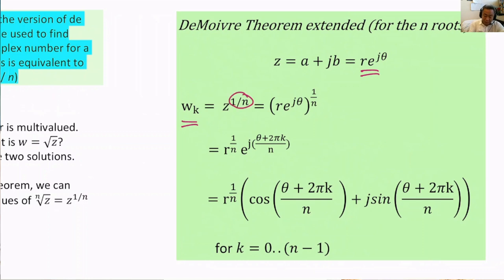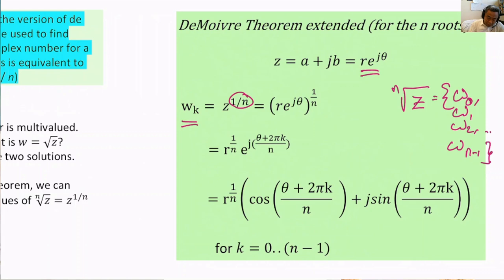The nth root is basically saying take z and then find the values w0, w1, w2 until w(n minus 1). You'll realize that there are n solutions for this root by the fundamental theorem of algebra. If the expression is to the power of n, then there are n roots.